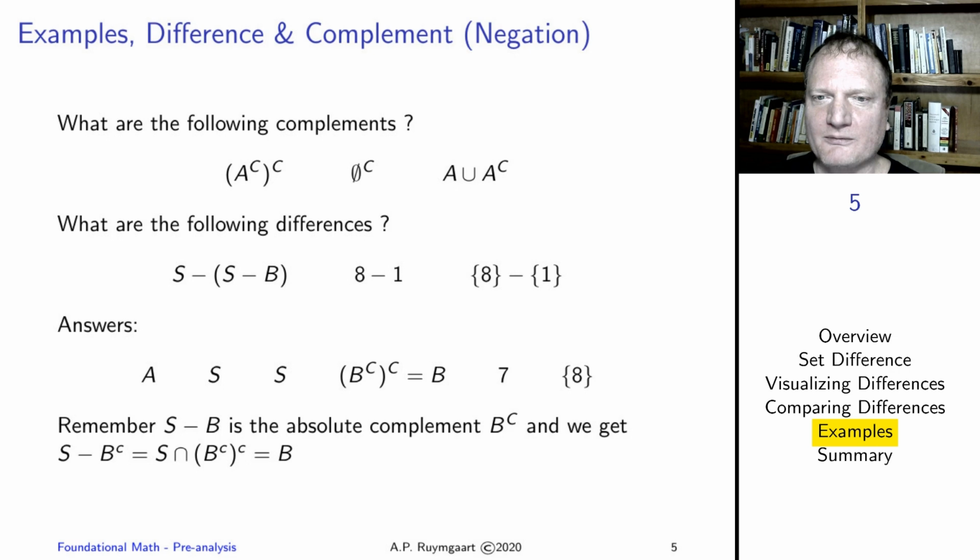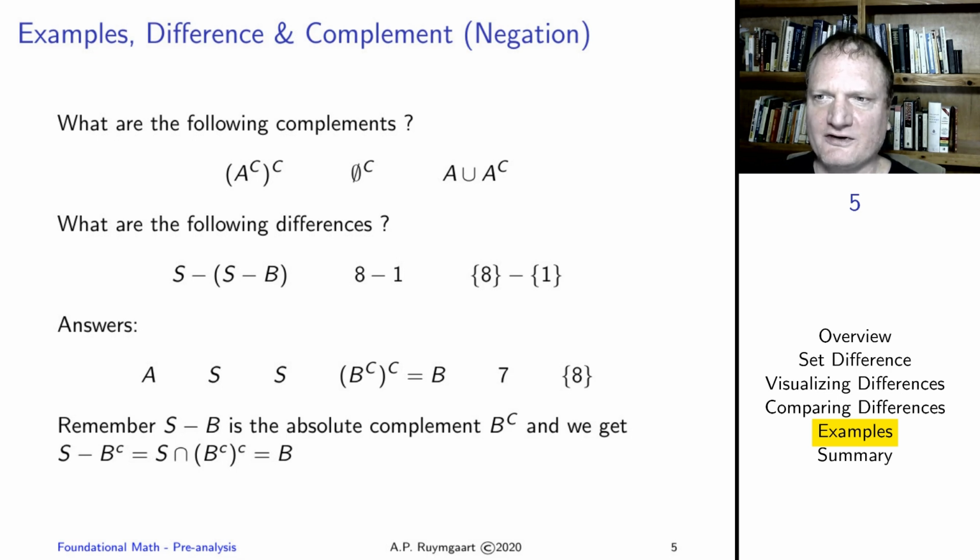Now the third one, I have written the number 8 in a set, and we're subtracting the set with the number 1 in it. There are no common elements. Now we are dealing with sets, so the set with the number 8, and we're subtracting the set with the number 1.